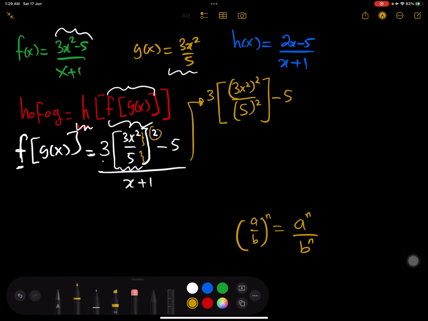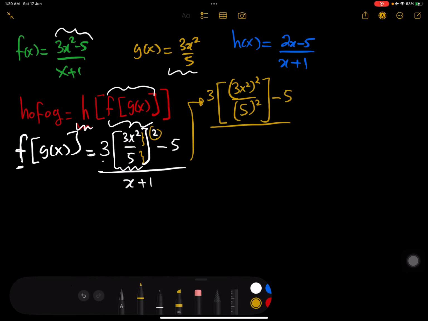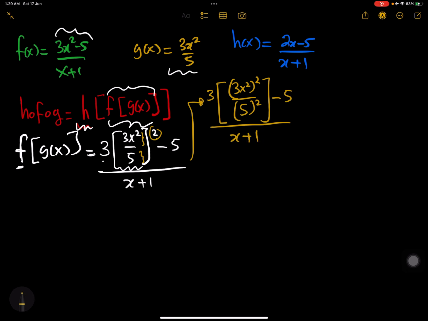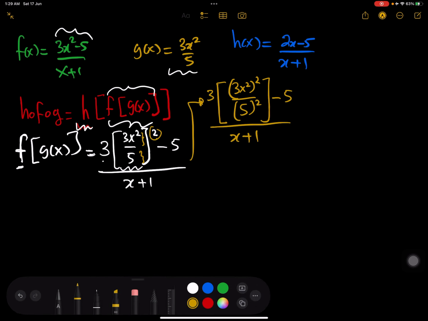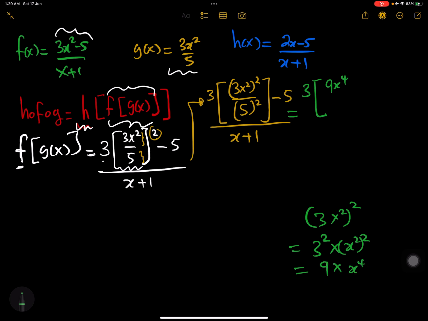And once we do that, we have divided by x plus 1. Now we're still at the top. At the top, we're going to have 3 still outside, and in parentheses we're going to get 9x to the power 4. Why? Because we have 3x squared, squared, which is 3 squared multiplied by x squared squared, and we get 9 times x to the power 4.